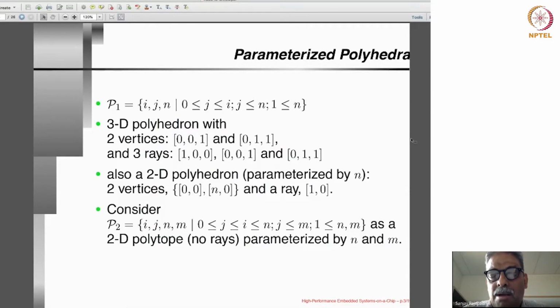Okay, but in addition, you have an upper bound on j which is m. All right. So because of that, this is a polytope. It's not an unbounded polyhedron, it's bounded, and it is parameterized by n and m. Okay. If you can visualize this a little bit and try to ask yourself, what are its vertices? The vertices can be functions of n and m, right?